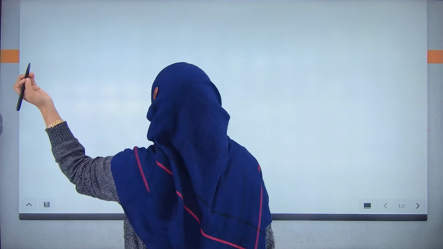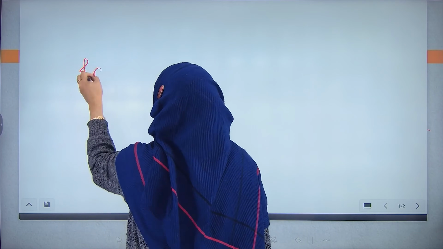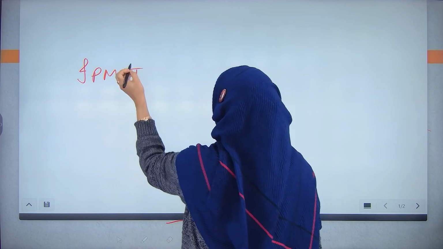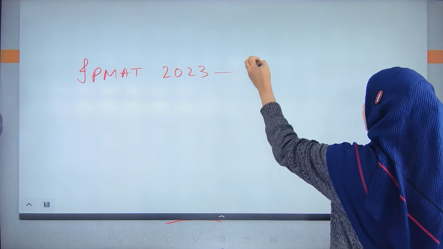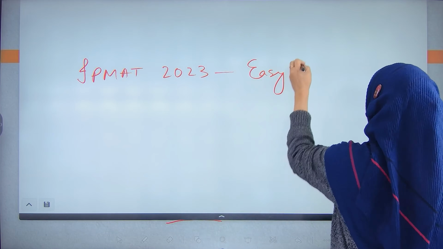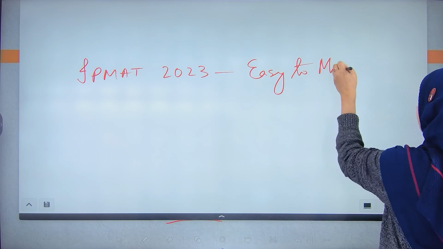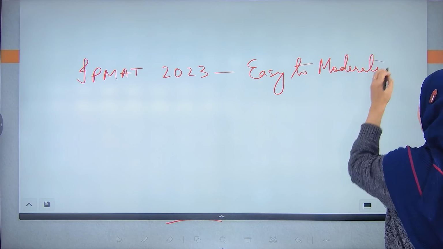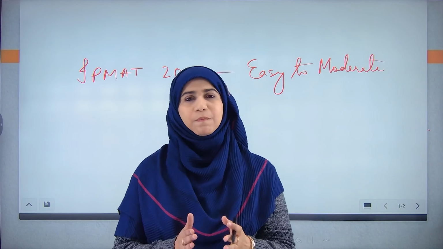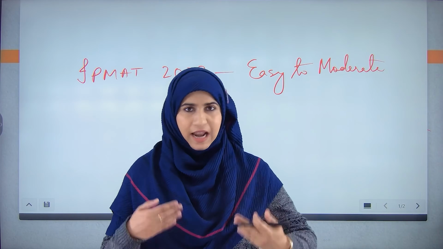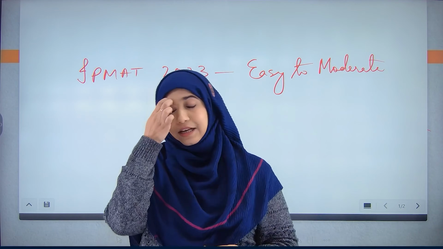How was the last year's paper? If I talk about IPMAT Indore 2023, I believe the verbal ability section was easy to moderate. Yes. In fact, I would term it easy. Reason being that, when I come to the questions one by one, I'll tell you about it.